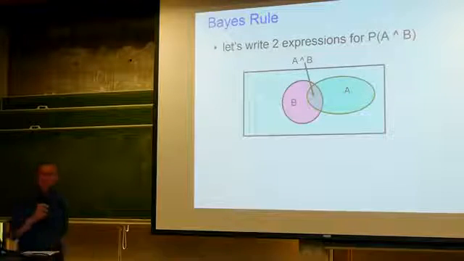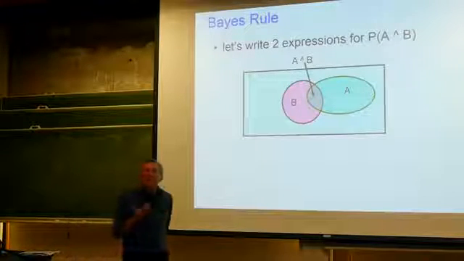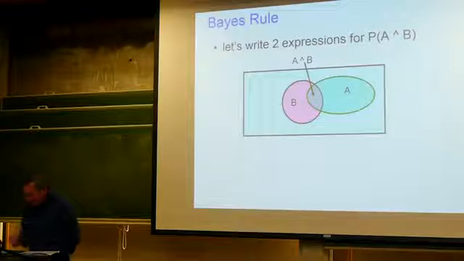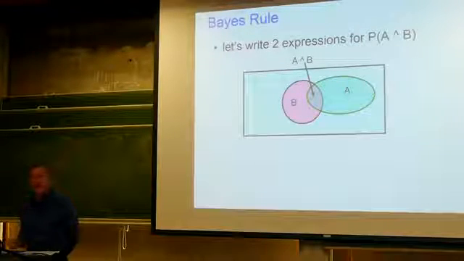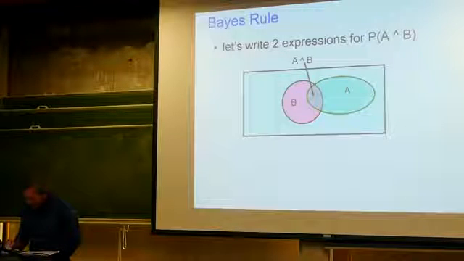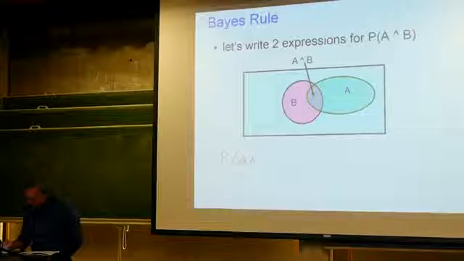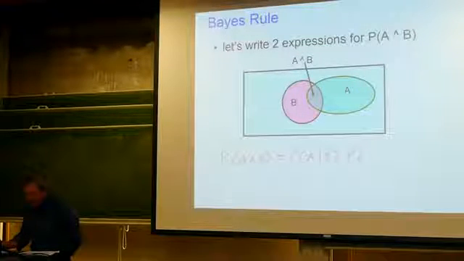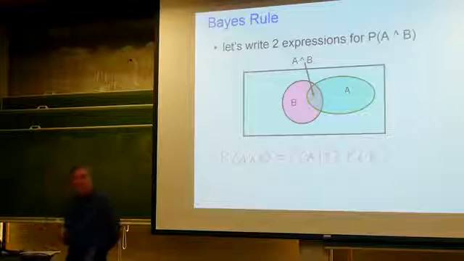Okay, Bayes' rule. Bayes' rule, again, is at the heart of what we're going to be doing. The simple way to see Bayes' rule is to start with what we just saw on the previous slide. We now know we can write P of A and B as just the probability of A given B times the probability of B. That's what we just saw in the chain rule.